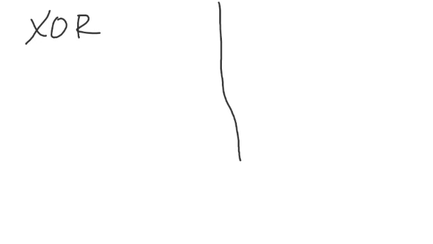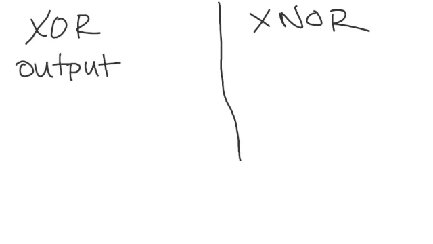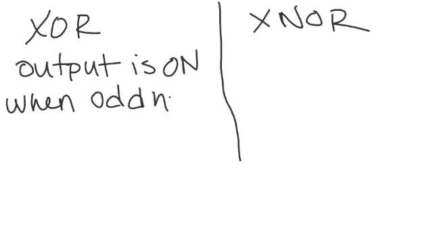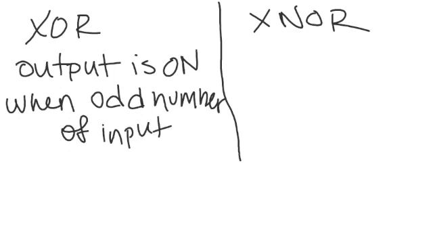Now at the end, I'm going to write the XOR, exclusive OR, truth table, and the exclusive NOR truth table. For exclusive OR, the output is on when an odd number of inputs are on.